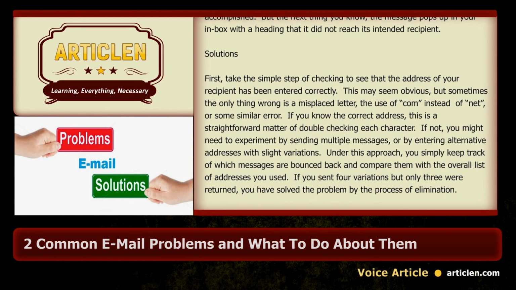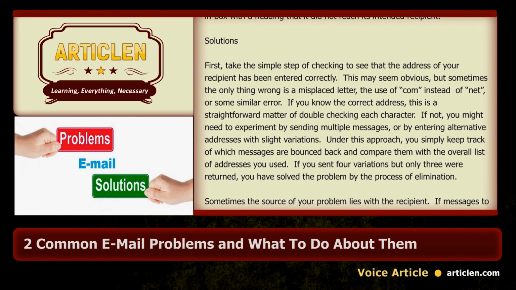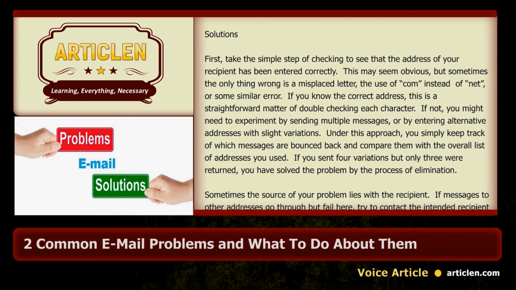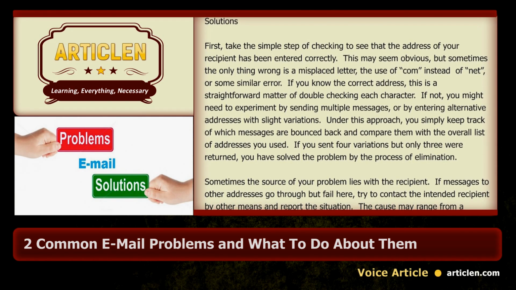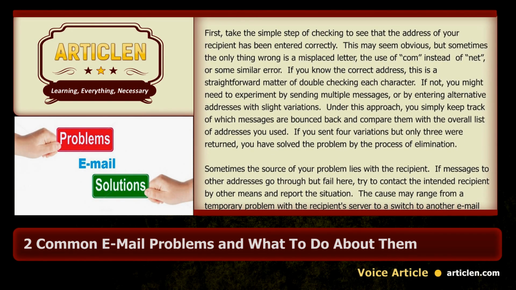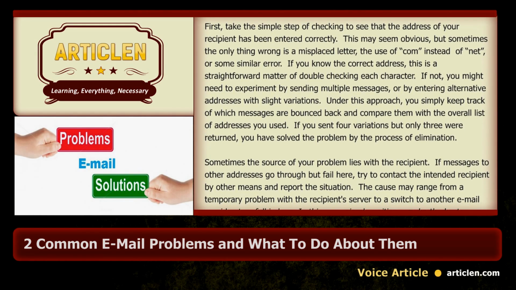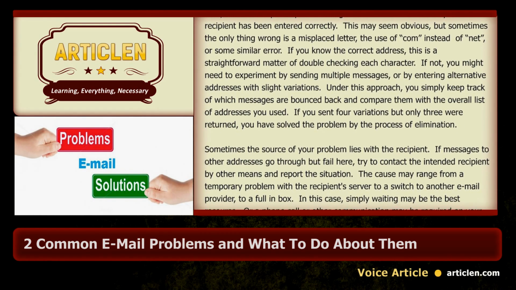Under this approach, you simply keep track of which messages are bounced back and compare them with the overall list of addresses you used. If you sent 4 variations but only 3 were returned, you have solved the problem by the process of elimination.